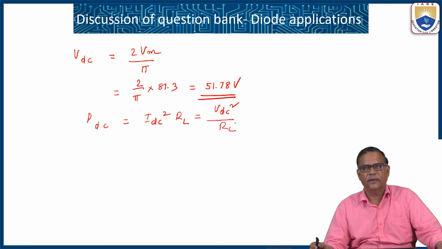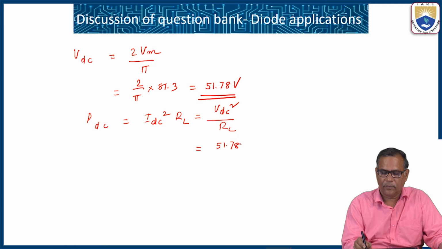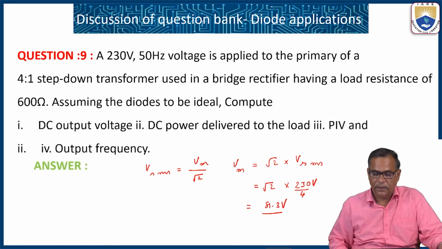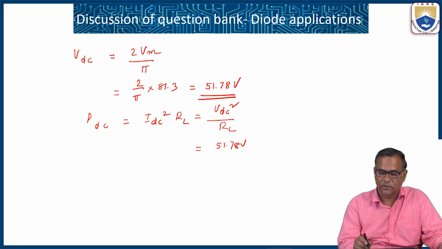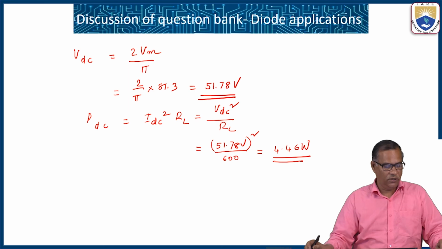VDC we have calculated, it is 51.78 volts, and the load resistance is 600 ohms. So divided by 600. So this is equal to 4.46 watts. So that is the DC power delivered to the load.